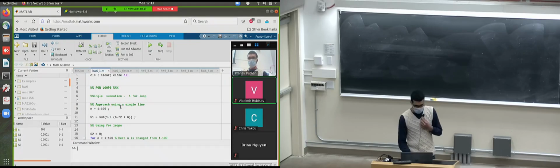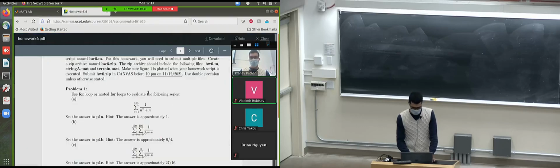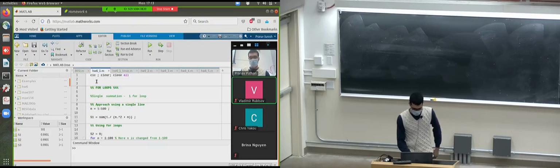Okay. So just to repeat what I was telling others before. You can perform the same operation, which is required for homework 6, problem 1, essentially the summation condition. This is a series where n is going from 1 to 100, and I can perform this operation using 3 different approaches.